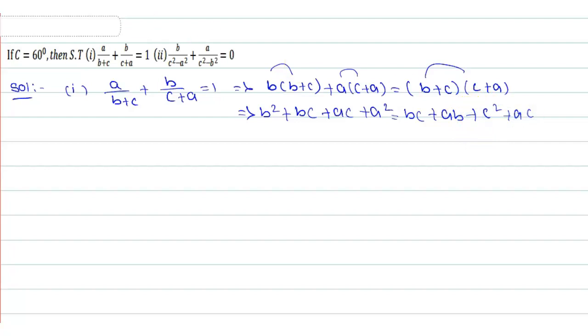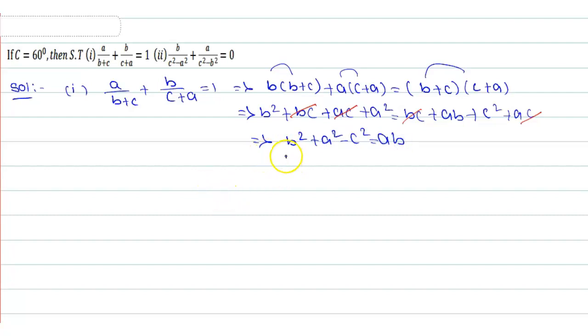Now we can cancel the similar terms. One ac, here one ac will get cancelled, and bc is also cancelled. Next, the leftover value is c square, and ab is on the right side. Bring only c square to the left side. This implies b square plus a square minus c square is equal to ab.